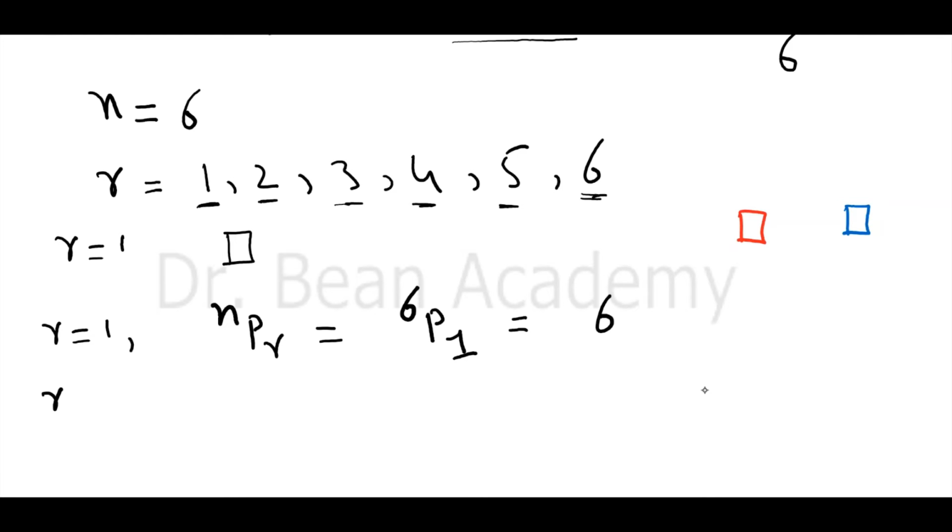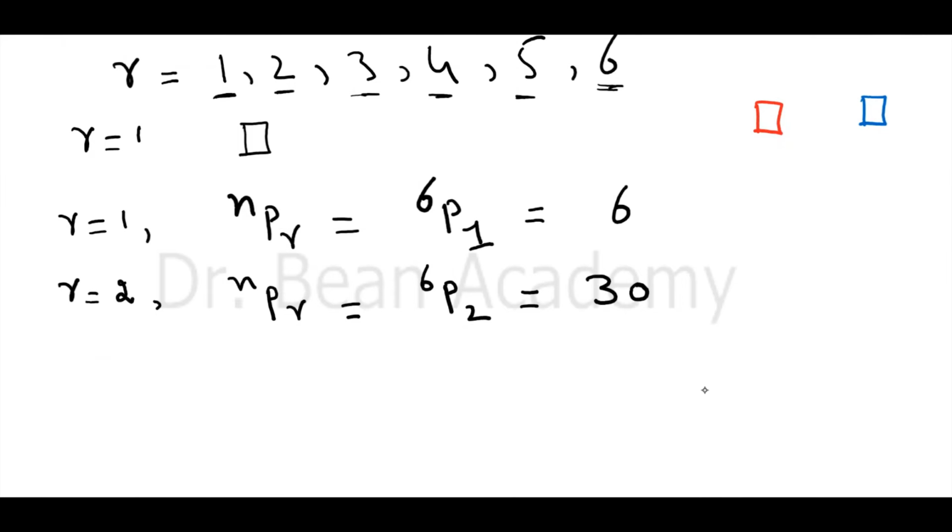So now you will calculate how many permutations you can make when R, or the size of the permutation, is 2. So once again the formula is the same, NPR, which is 6P2, and my calculator tells me now the number of permutations is 30.